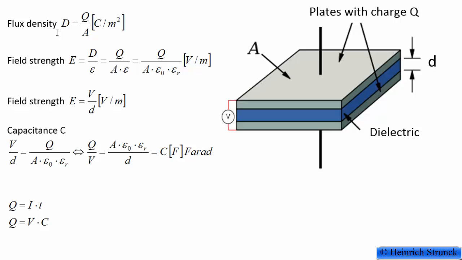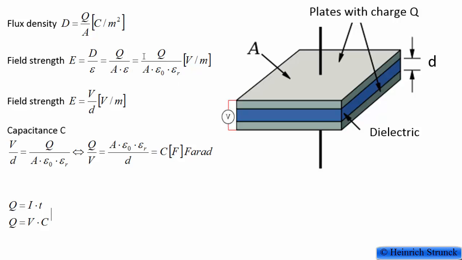And the flux density was the charge divided by the area, so we can say it is also the charge divided by the area multiplied by the dielectric. And the dielectric depends on the material, so we have the number for the dielectric at vacuum, multiplied by a relative number for the dielectric depending on the material.